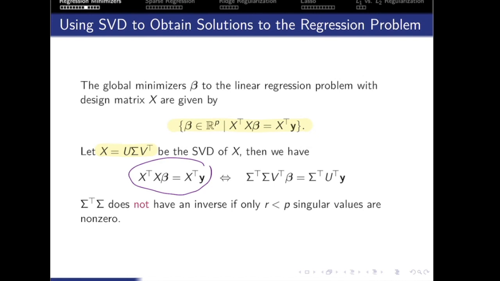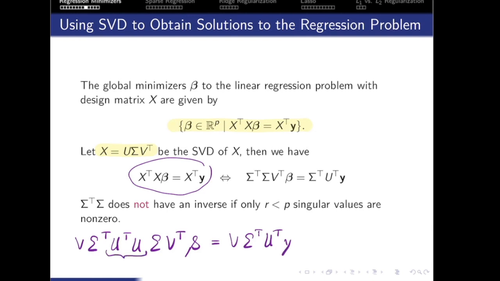So X transposed is then V times sigma transposed times U transposed. This is X transposed and then times X, so this is then U sigma V transposed. And this we multiply with beta, and then we have here X transposed times Y, so X transposed is V times sigma transposed times U transposed, and then times Y.